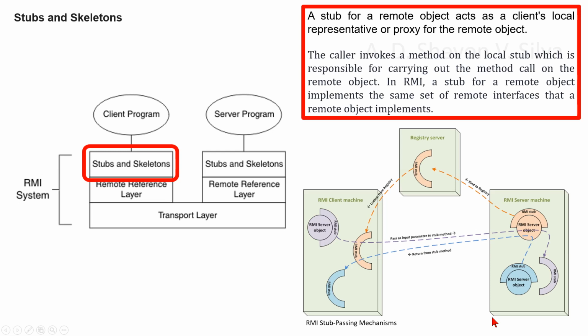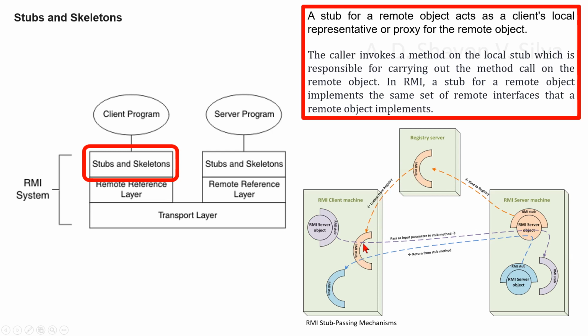Here you can see the RMI client machine, the registry server, and the RMI server machine. Here you can see the RMI stub is bound to the registry, and the RMI stub is looked up from the registry and sent to the RMI client machine.